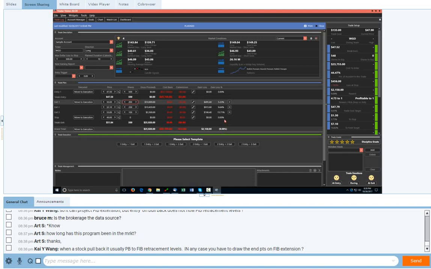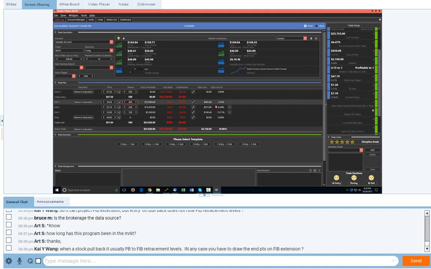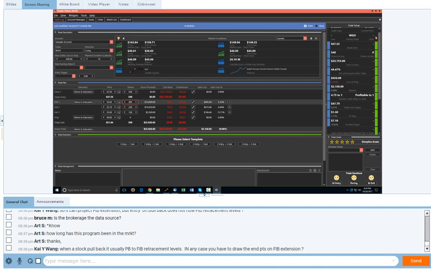Yes, I have drawn the endpoints of the fib extensions. And I can get into fibs at some point. I don't have time to really get into how to draw them tonight. But I use fibs quite a bit, and so I could talk to that, possibly offline. So this trade would be more than good to meet my goals for the trade.